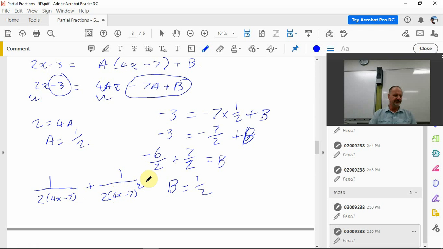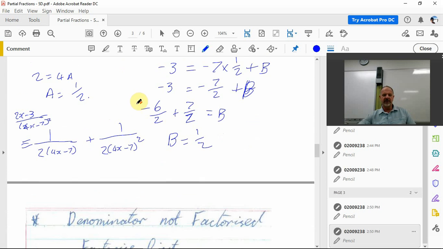All right, and so 2x minus 3 over 4x minus 7 squared is equivalent to that. All right, that's that one.